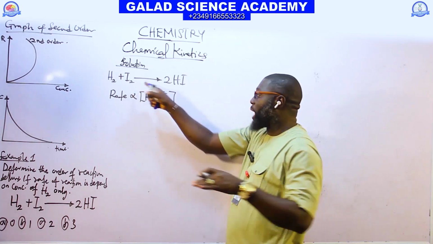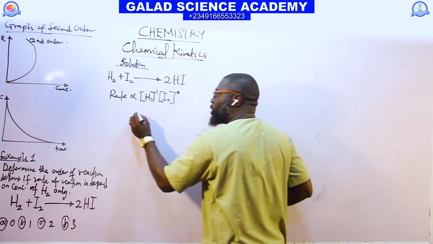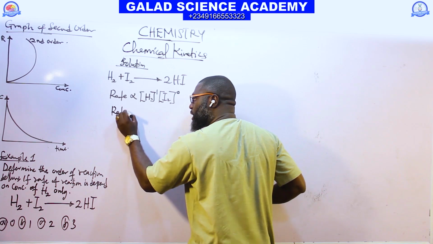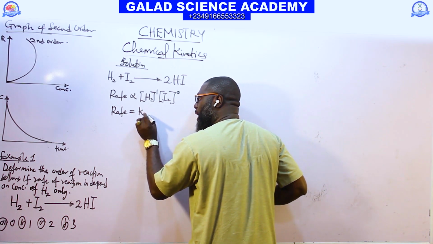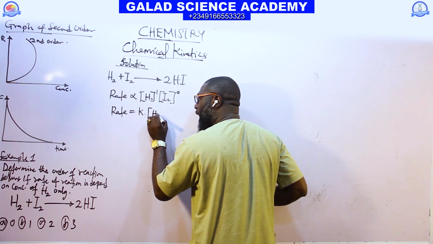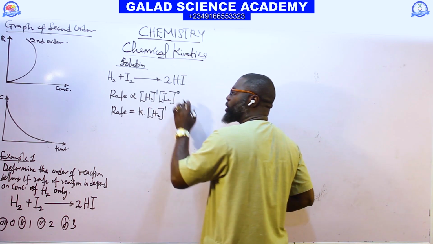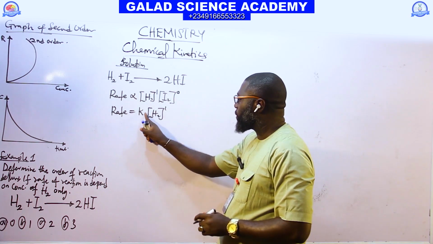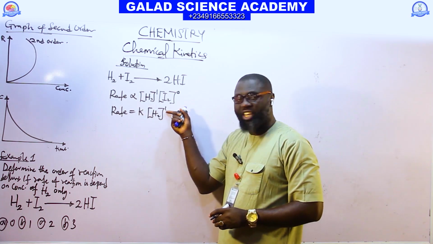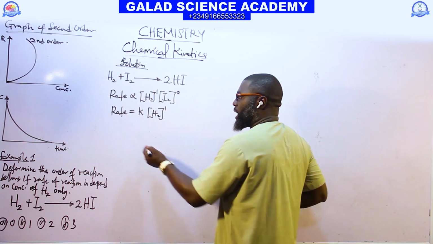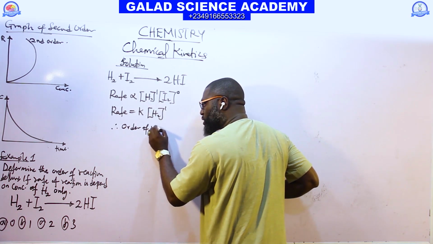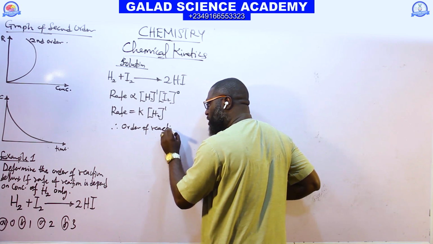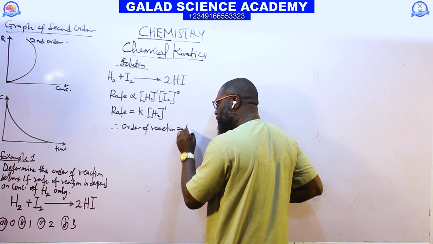It's independent of iodine, which is 0. You now have rate equal to K, conc of hydrogen, and anything to the power 1 is itself. Therefore, the order of reaction here is 1.